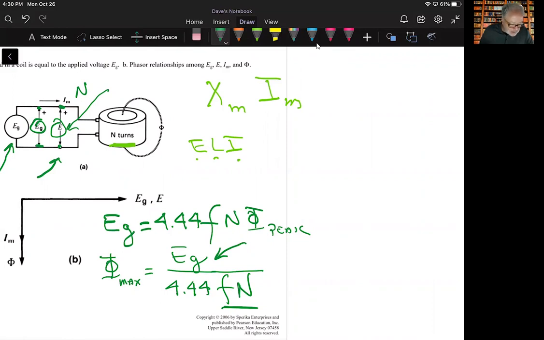So he says, what if we gradually insert an iron core into the coil? So we're going to find this iron core, and we're going to insert it into this coil. Now, according to this equation, and we have to trust our equations, the peak value of the AC flux will remain absolutely constant during this operation, and it will maintain this value.